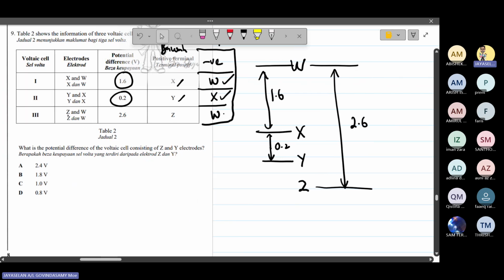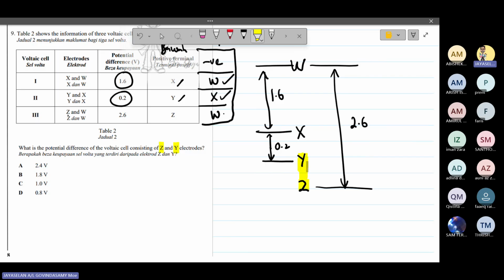Now they want what? They want you to predict the voltage for Z and Y. Mana Z? Okay, Y and Z. They want dari sini ke sini. Macam mana nak predict? Kamu ambil semua nilai ini. So kamu ambil 2.6 minus open bracket and close bracket, minus apa?